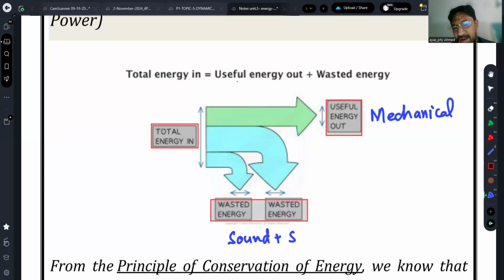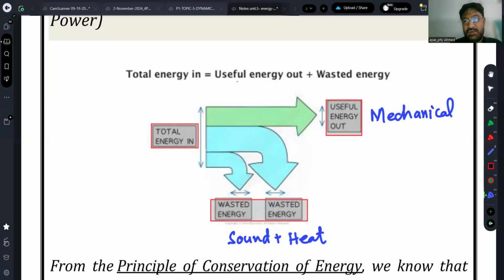So when I say that this energy is in the form of sound and heat, that is waste of energy. It is not my useful energy. So whatever form of energy we have in the form of heat and sound, we can consider it as a waste. So here, all energy is taken as input.